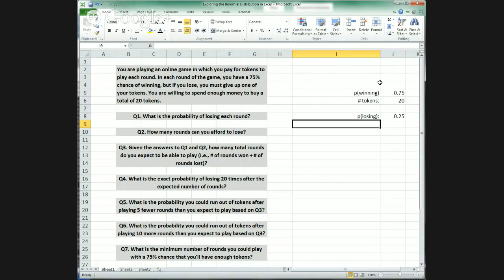If we take the total number of tokens available and divide that by the probability of losing, that will tell us approximately how many times we can afford to lose based on a probability of losing 25% of the time. So the number of losses that we can afford to make is going to be equal to the number of tokens divided by the probability of losing.